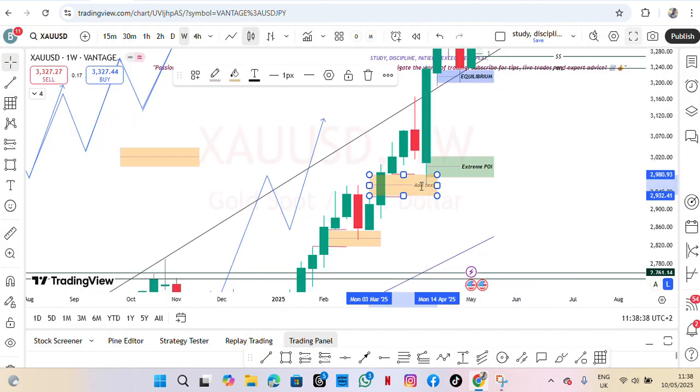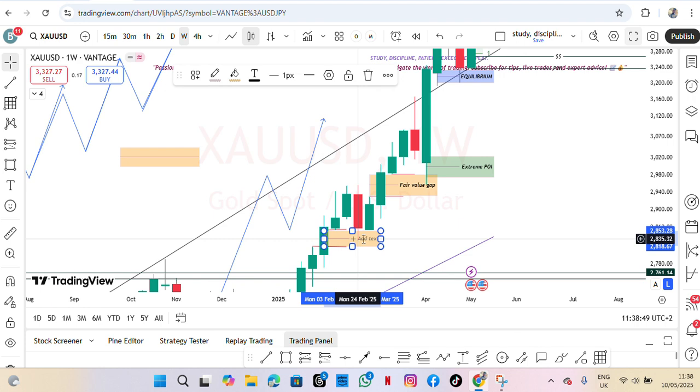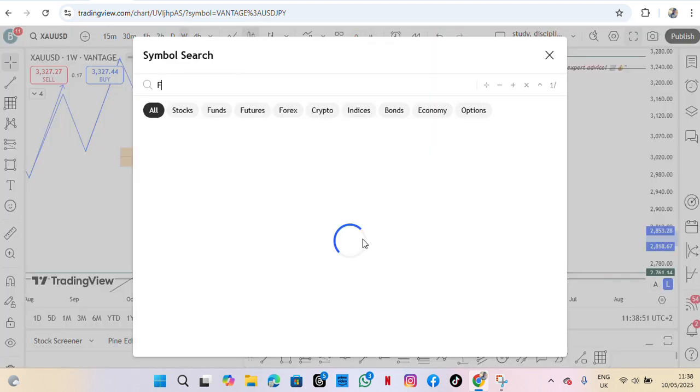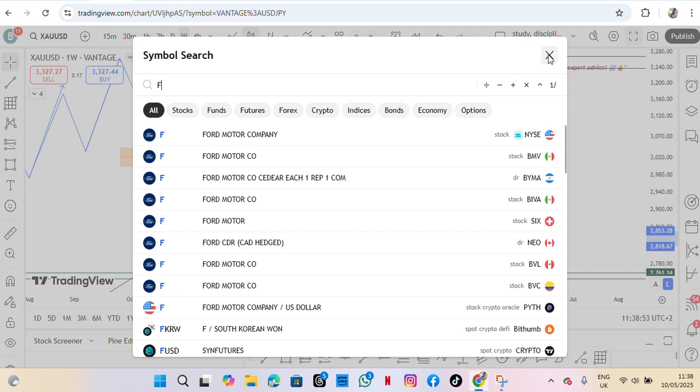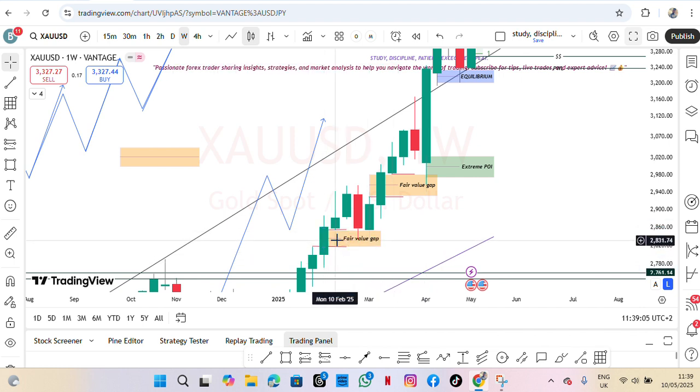That is the place we call fair value gap, that space, the space that is an imbalance in price.